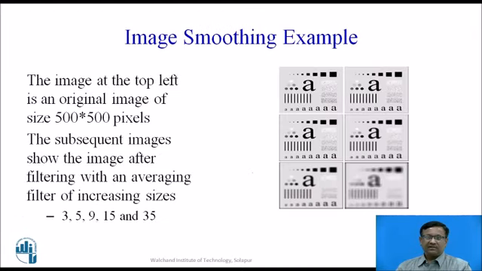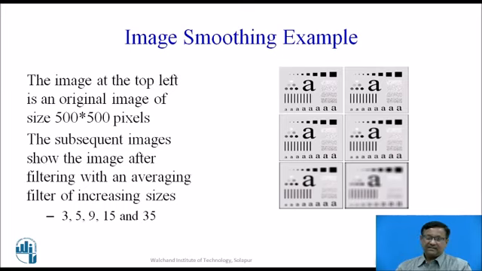In the image smoothing example on the right side, the top left figure is the original image, of size say 500 by 500 pixels, and the subsequent images show the image after filtering with averaging filters of increasing size: 3 by 3, 5 by 5, 9 by 9, 15 by 15 and 35 by 35, all odd sizes.